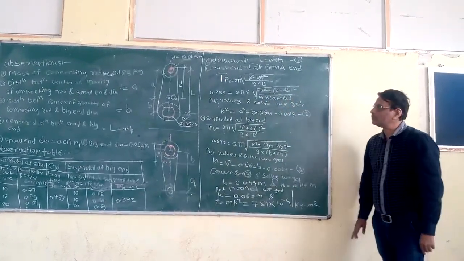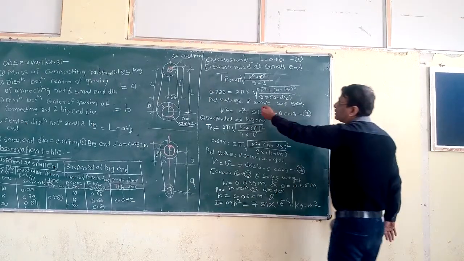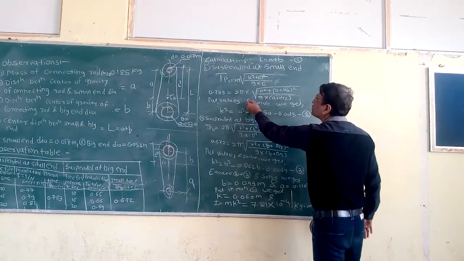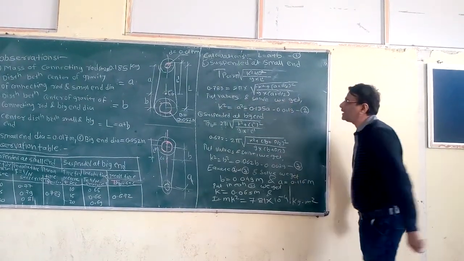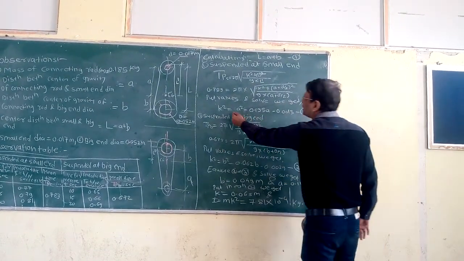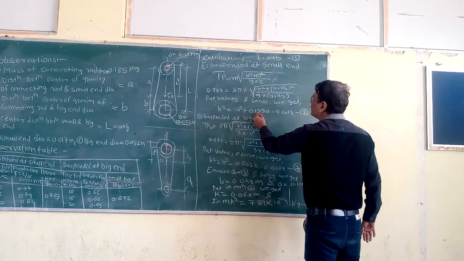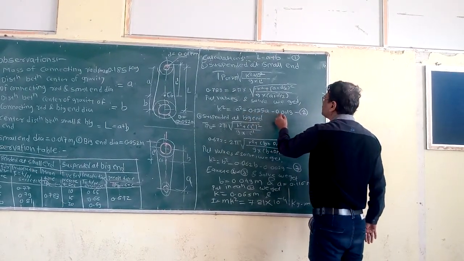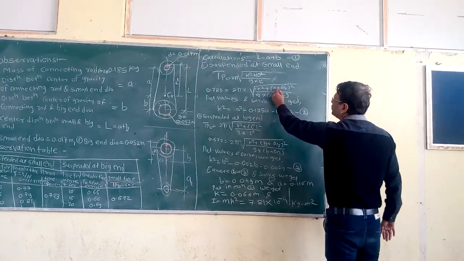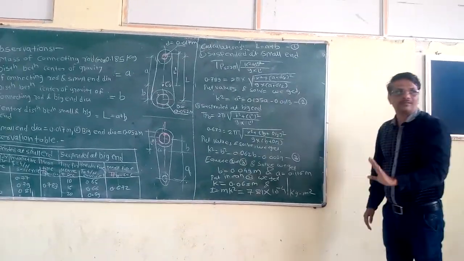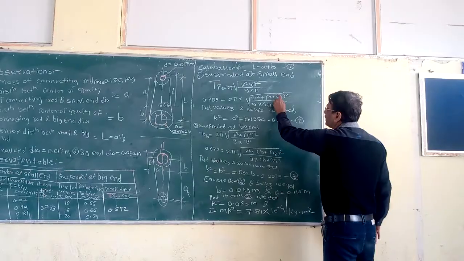Now put the corresponding values, and after solving you will get k square is equal to a square minus 0.1352a minus 0.0013. Here a is not known to me, but small d is known to me.